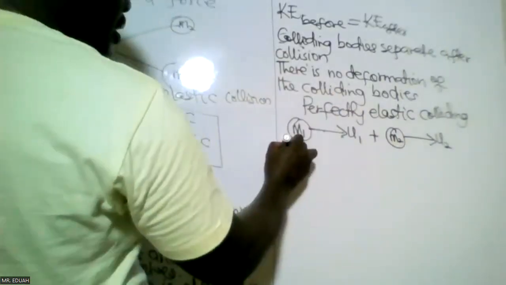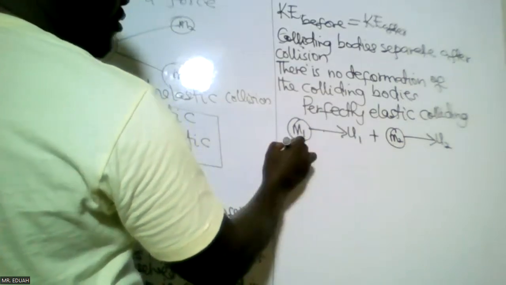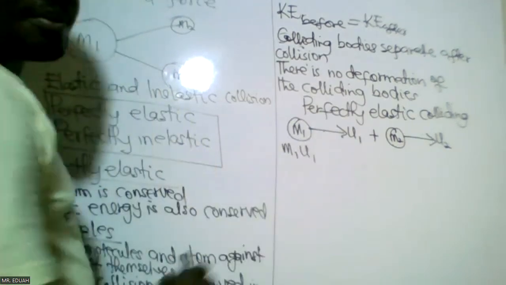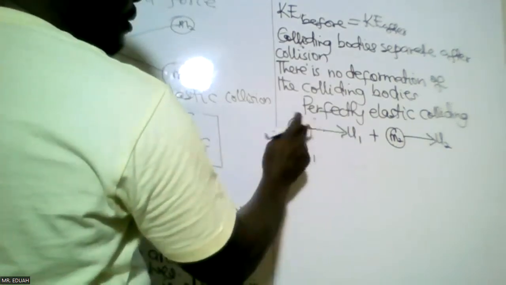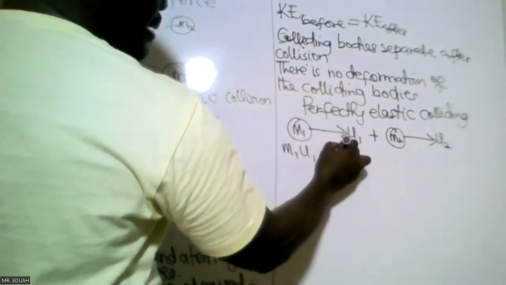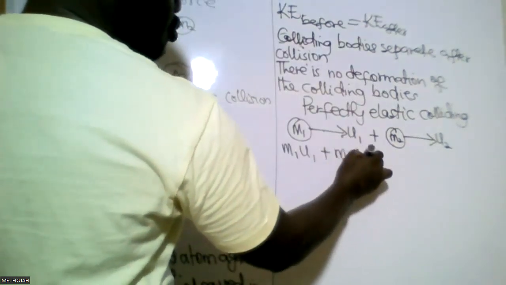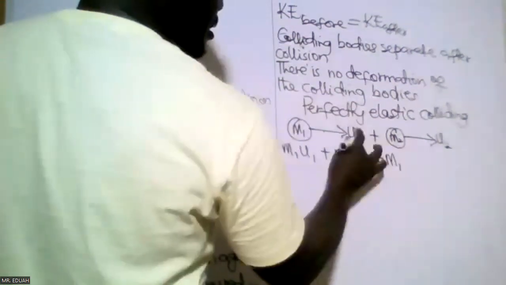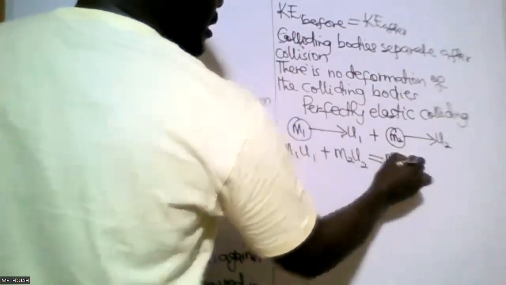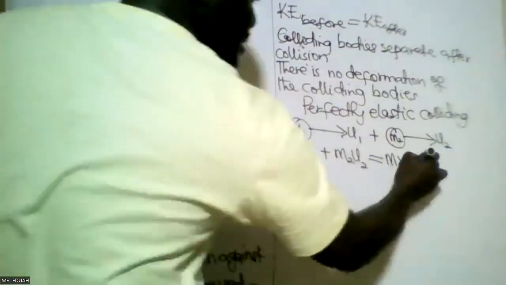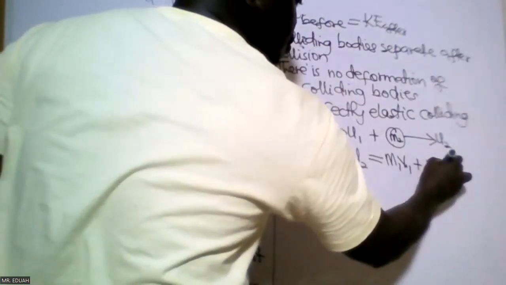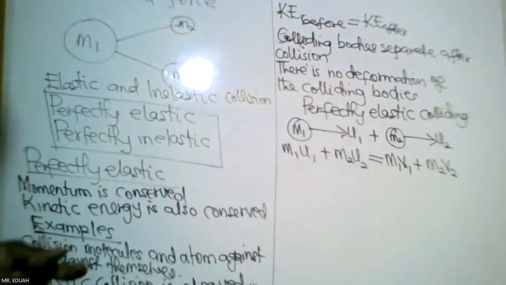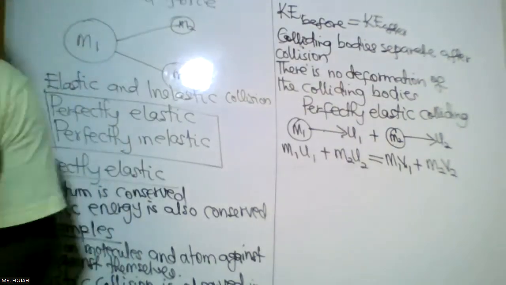And so the equation for conservation of momentum becomes M1 times U1, this is the momentum of mass one, plus M2 U2 being equal to M1 times V1 plus M2 times V2. This is the equation for conservation of momentum.